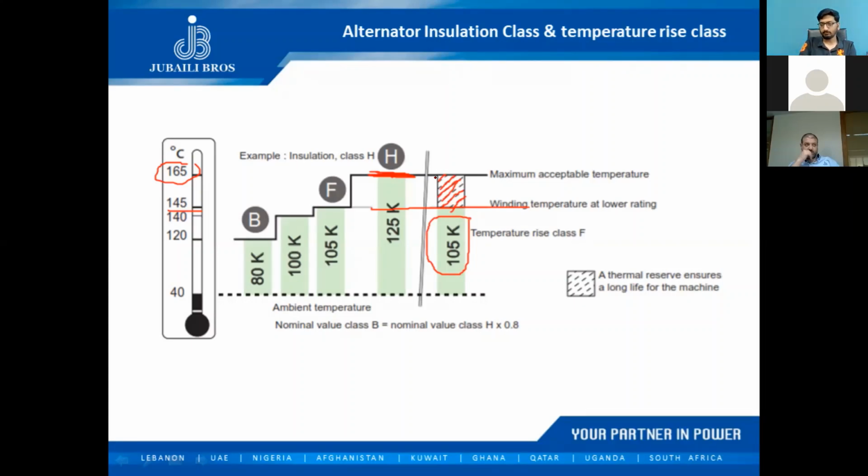It's designed to reach that speed. But what would I actually be doing? I would be shortening its life. I'm pushing it to its limits if I'm doing that every day. So this is like an insulation class H with a temperature rise class H. It's pushing your alternator to its maximum.